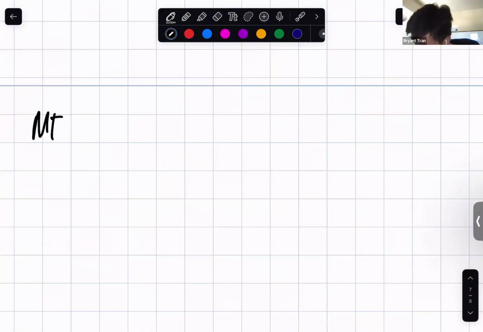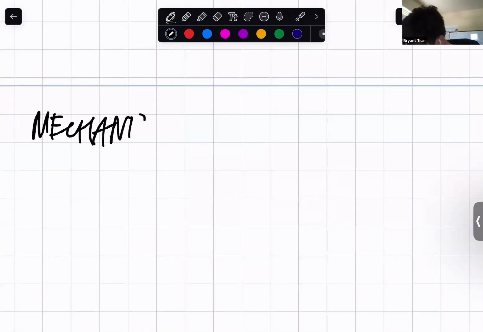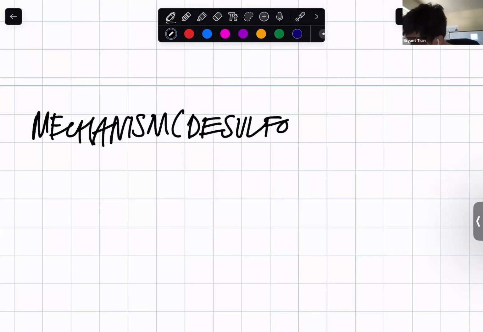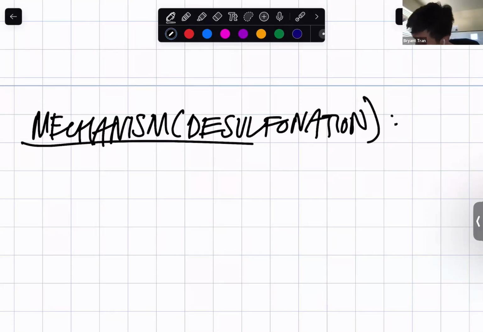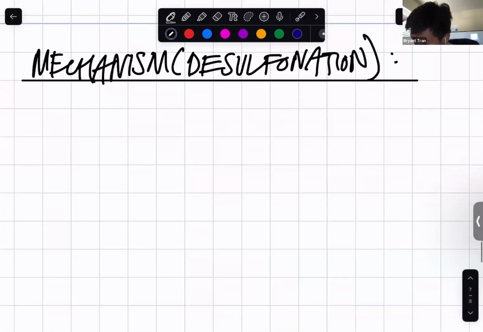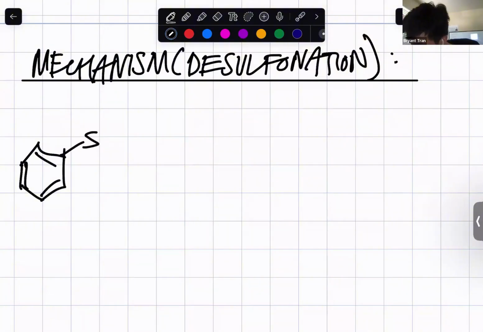The mechanism for desulfonation here is going to look like this. So I'm gonna draw out the sulfonated benzene in its expanded structure like this.